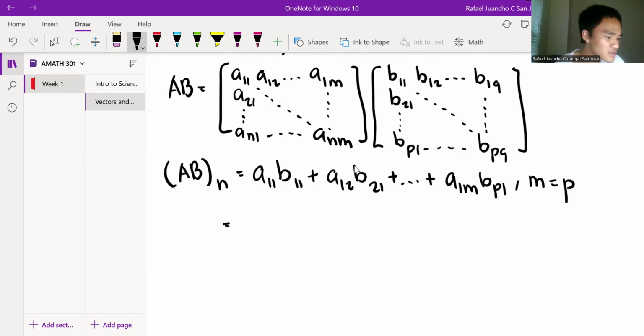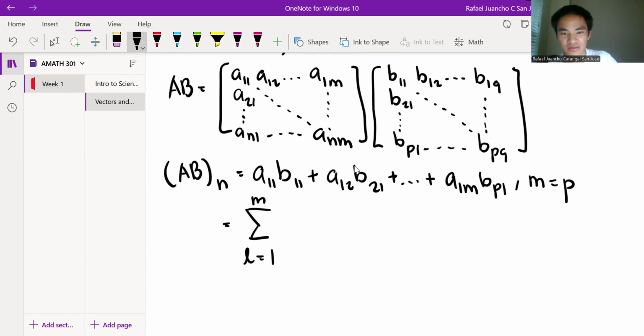We can simplify this with a summation. So again, we're going to put this sigma there, and we're going to say, let's use the letter L. L is 1, and we go all the way until we reach M. So A reaches M in terms of columns, and B reaches P in terms of rows.